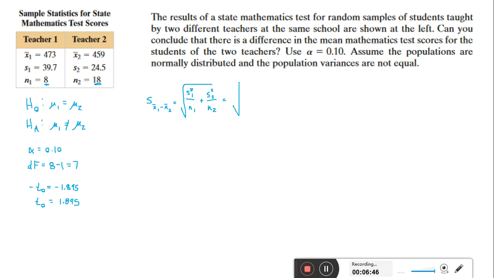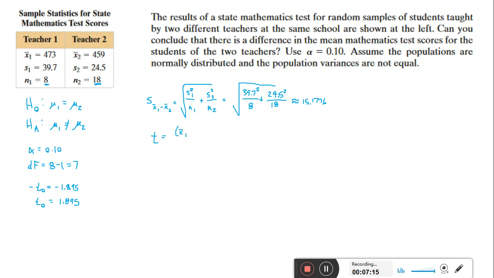When we plug in all those values, we get 39.7 squared divided by 8 plus 24.5 squared divided by 18. All right, and that equals approximately 15.1776.